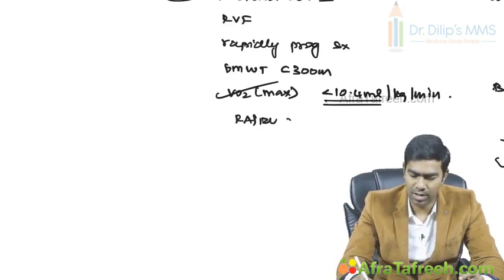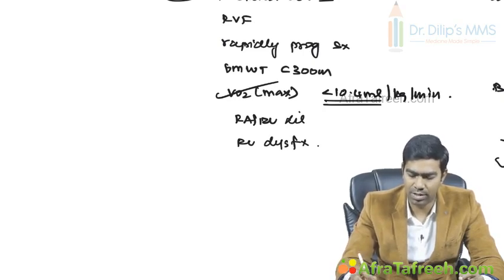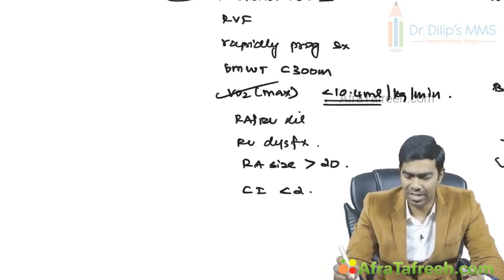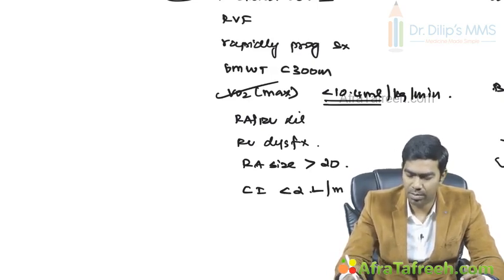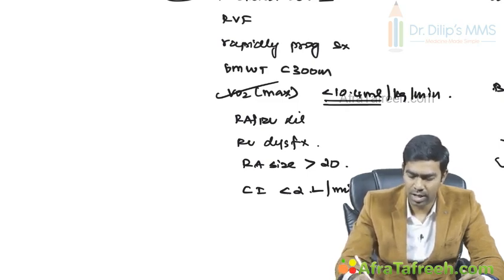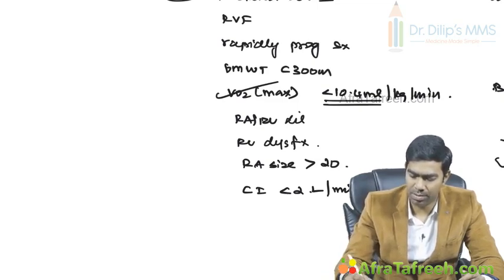Or RV dilatation or right ventricular dysfunction evidenced by a TAPSE of less than 1.6 centimeter, or if the right atrial size is more than 20, and if your cardiac index is less than 2, normal is 2.8 to 3.2, but if it's less than 2 or 2.1 according to some textbooks, the cardiac index is less than 2 liter per minute per 1.73 meter square body surface area. That's the full thing. And if you have an elevated brain natriuretic peptide, BNP or NT-proBNP, that is a sign of a severe failure.